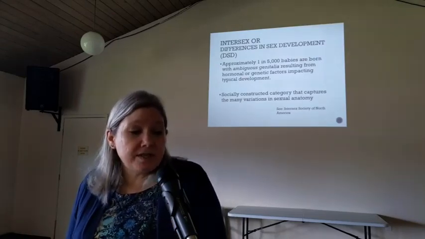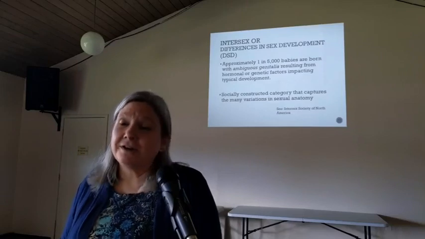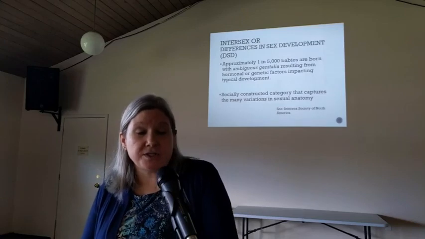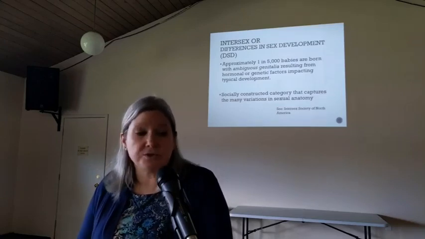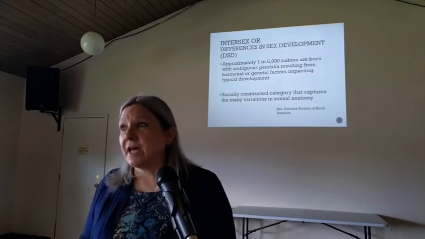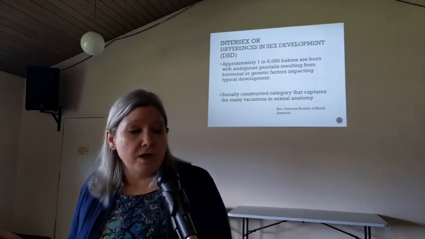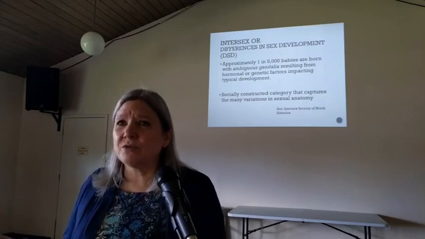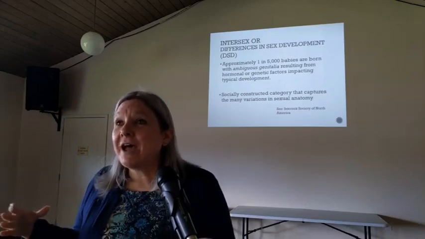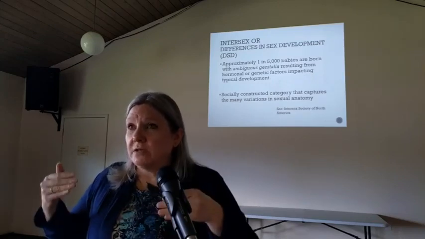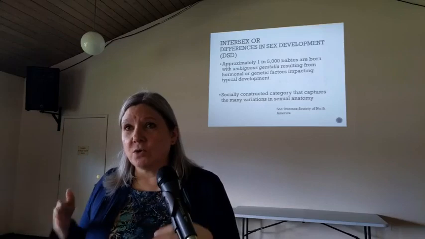So the Intersex Society of North America defines intersex as a socially constructed category that captures the many variations in physical anatomy and so on and so forth. So socially constructed, if you're not familiar with these kind of academic terms, means that we have decided that this is a category, not that it's a true and objective kind of category.